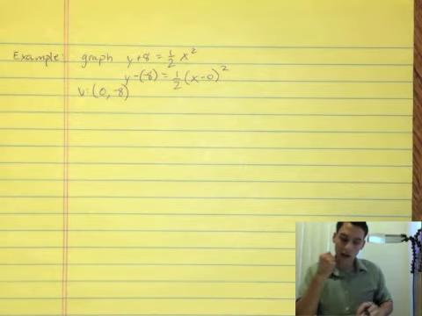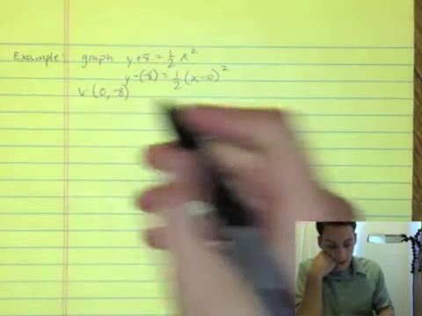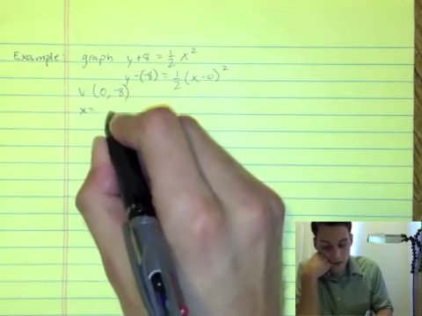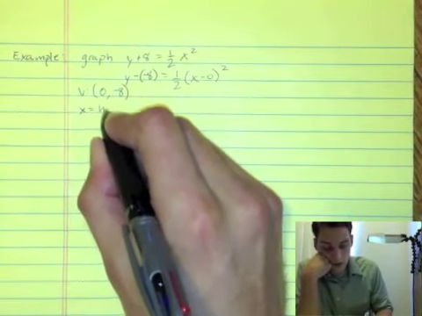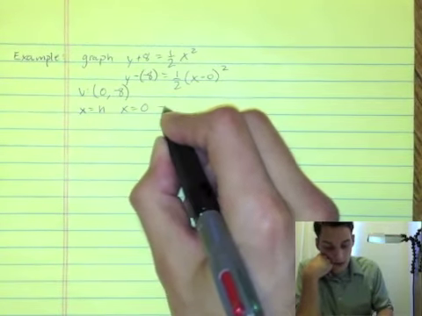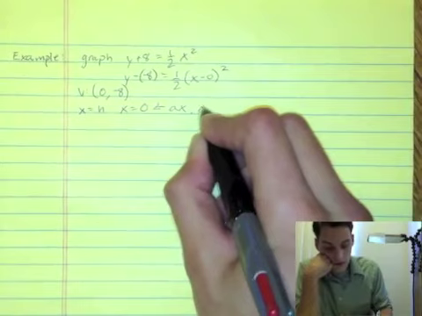So now that we found the vertex, we can also write down the axis of symmetry, which is x equals h. So x will equal, in this case, 0. This is the axis of symmetry.